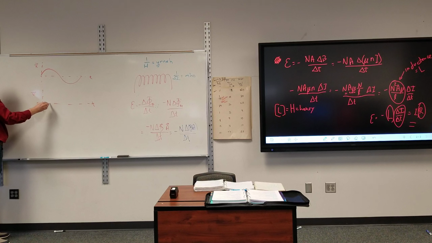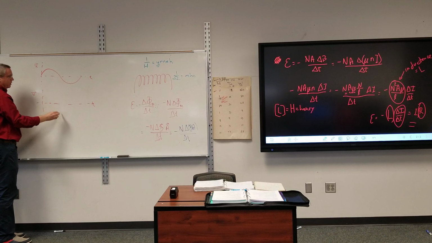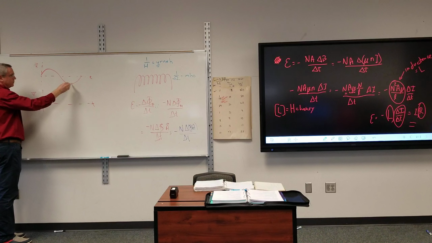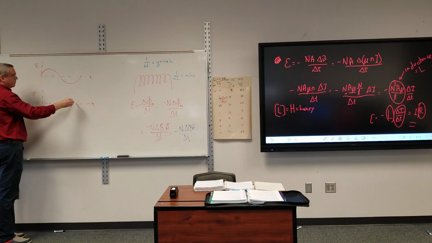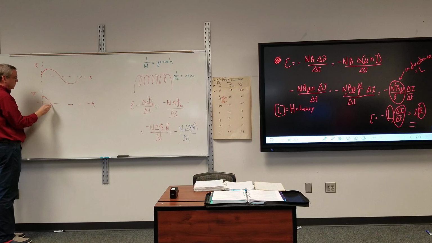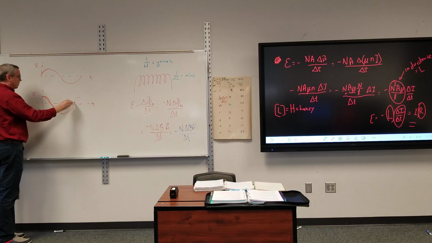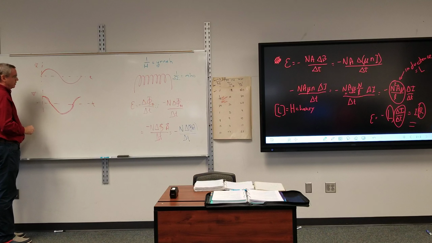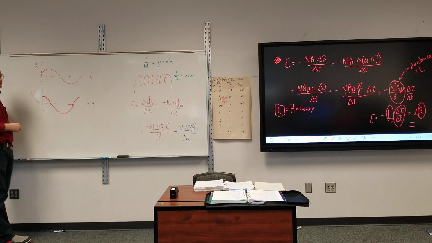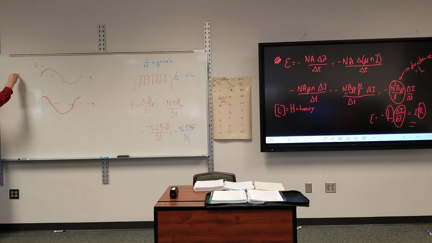It's 0 there. It's most negative there. It is 0 there, and then it is positive, so it's going to look like that. That is horribly drawn. That is just marginally better, but not a whole lot. But what is that graph? Cosine. Yeah, so this is sine, this is cosine.